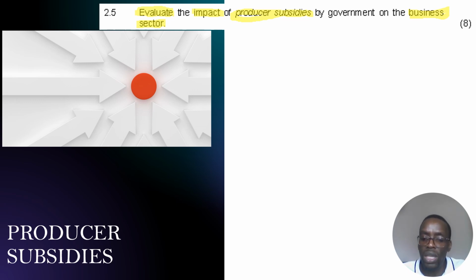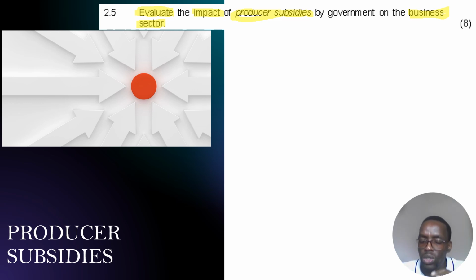And then we also have the negative effects of those producer subsidies. Now, what happens with the producer subsidies when it's given? It tends to distort the cost structure of a business. It distorts, because for example, let's say it costs you 10 rand to make a loaf of bread, for example brown bread.